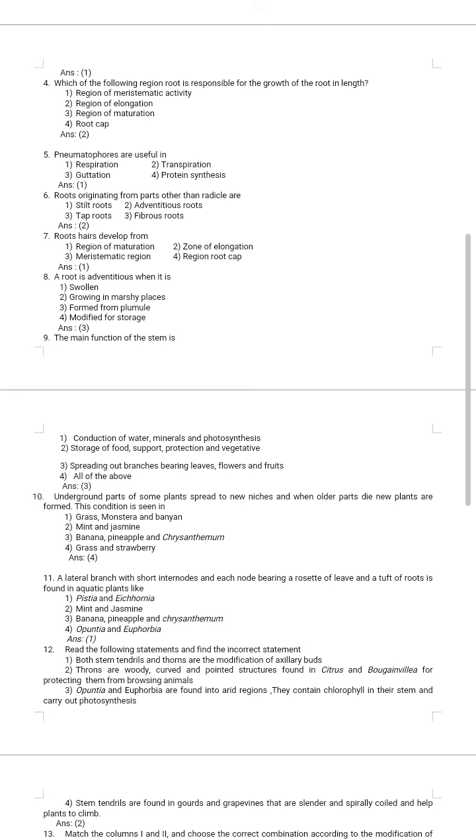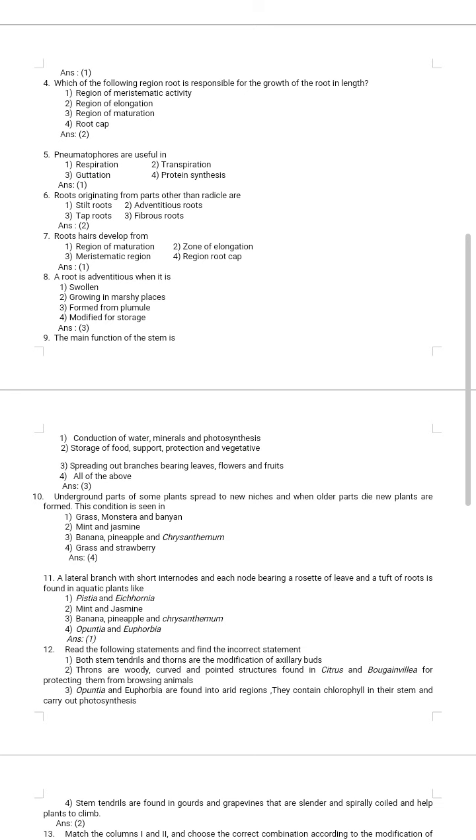Roots originating from parts of the plant other than the radicle are called. Let us see options. This is also very important for competitive examinations. In NEET 2017 they asked this question. Option 1 stilt roots, option 2 adventitious roots, option 3 tap roots, option 4 fibrous roots.